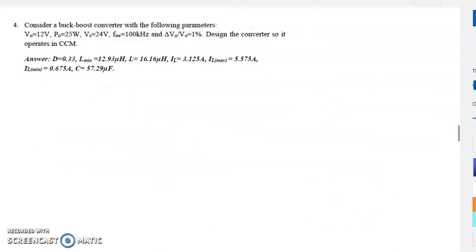Okay, next we return to question number 4 on the buck-boost converter. We have discussed buck-boost and now the buck-boost converter. So we have here the output of 12 volt. We draw the circuit of the buck-boost converter and transfer all the data into the circuit.